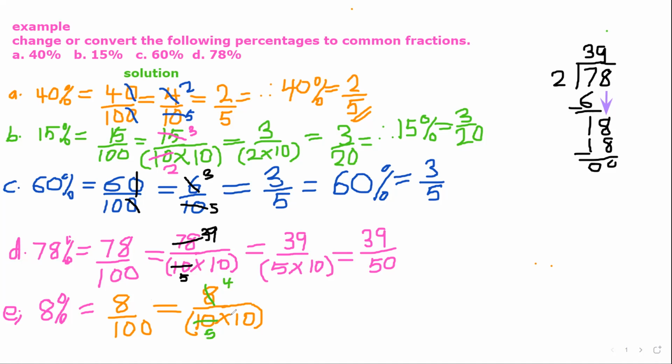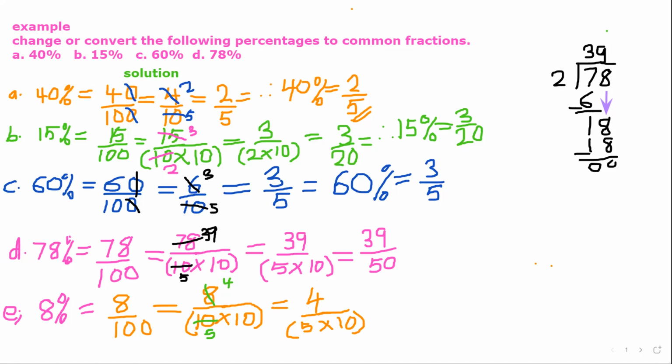Okay, now the remaining numbers here is 4 over the one in the bracket. We have the 5 times 10. Okay? And you put them in a bracket, okay?